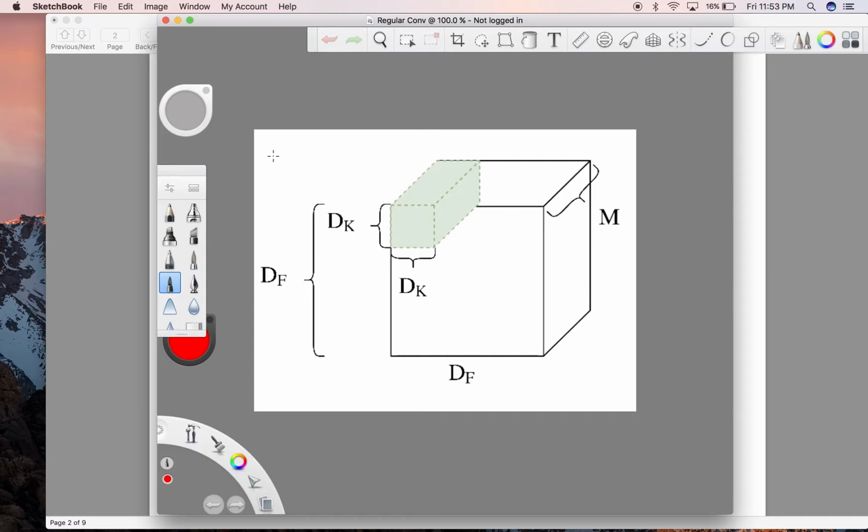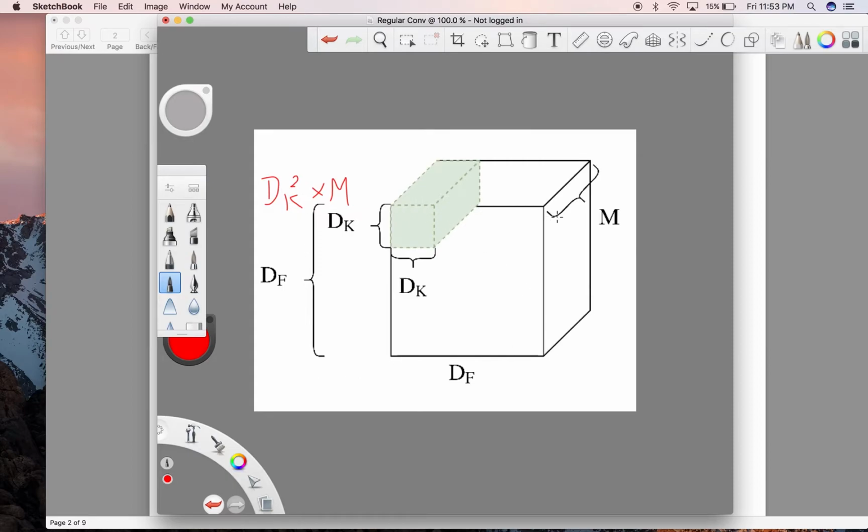So let's calculate the entire thing. So if I have a block of dk into dk into m, I will do dk squared times m calculations for this block here, and then I slide this block across the width and the height, and I want my output to have the same dimension as df.